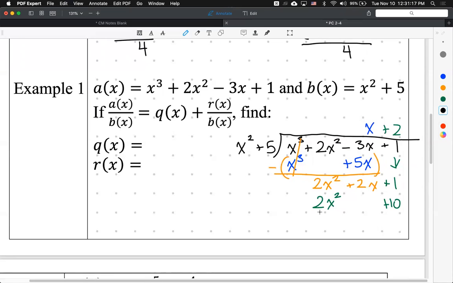What do we do next? Beverly. Subtract. So I put parentheses around here. I subtract and I get what? 2x minus 9. All right. And finally, our last step. What is my last step?